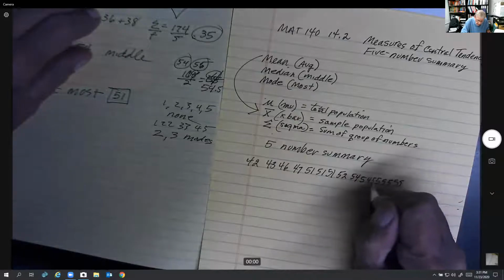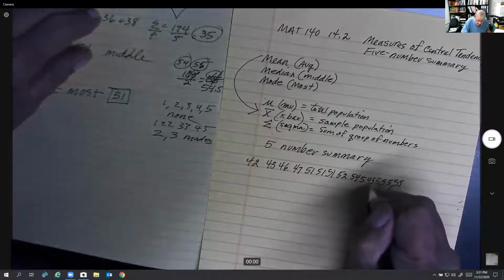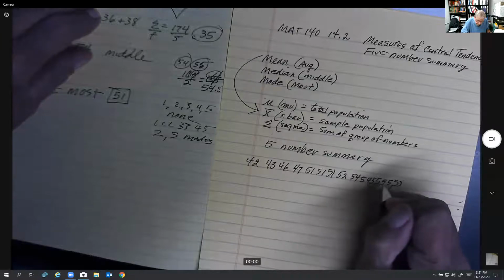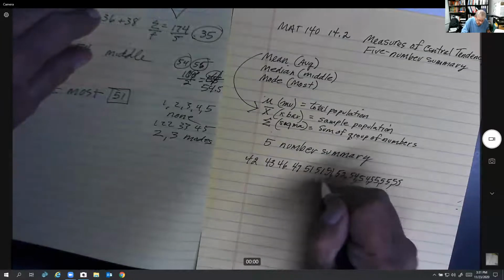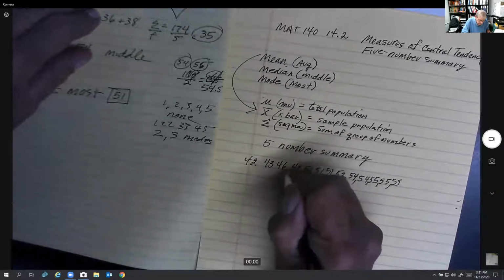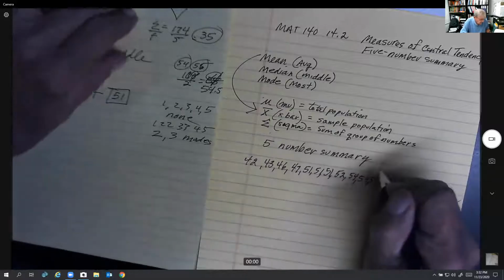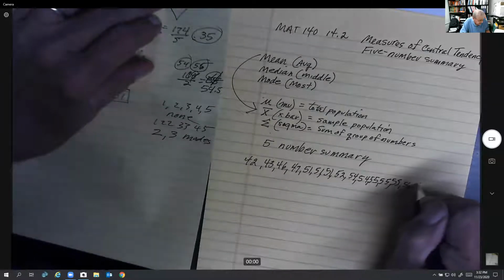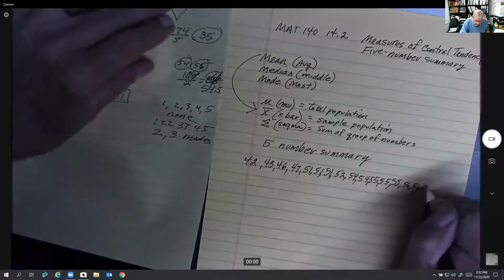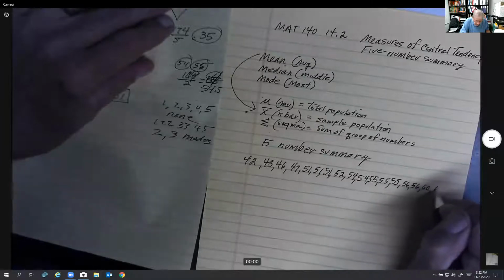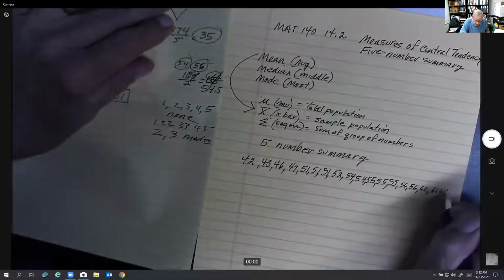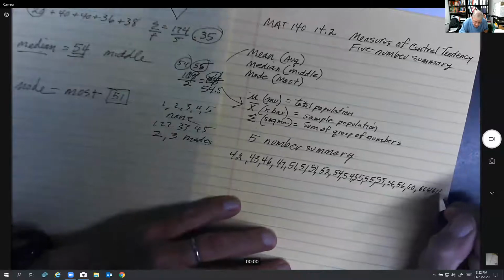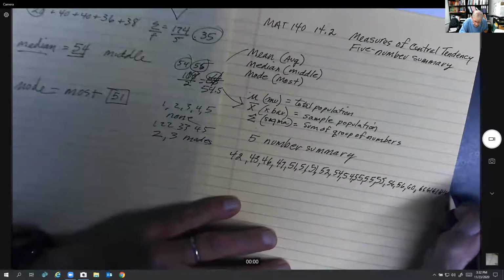Okay, so should use commas. Okay, I'm up to those guys. 56, 56, 60. I'm running out of room. I like to keep these on one line. 61, 61, 61, 64, 69. Whew, just made it.